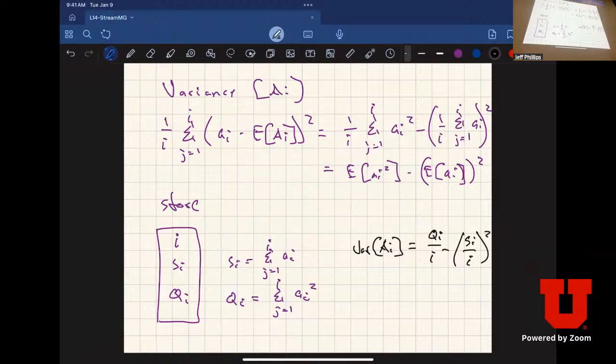Okay, so this is a trick for storing the variance. Again, I have to be slightly more clever than just the counter, but I have to store the sum and the sum of the squares as well. But then if I do this, I can get the variance of all the elements in the stream. Okay, yeah.